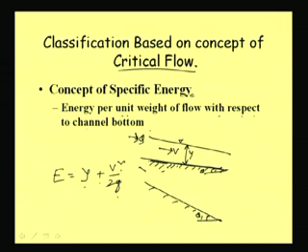The same amount of discharge is flowing, q is same. So definitely when you are increasing the slope, the flow velocity will increase, and when the water is moving fast, the same amount of discharge is moving faster, so depth will come down.